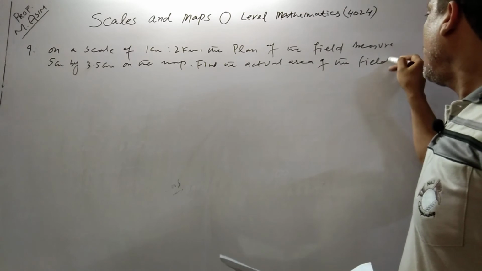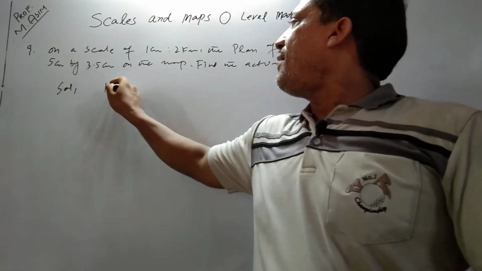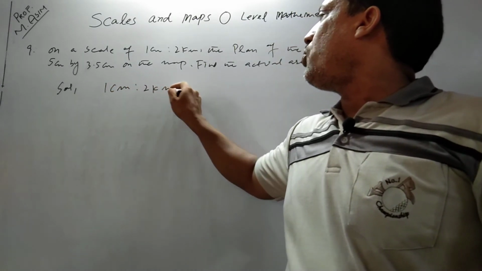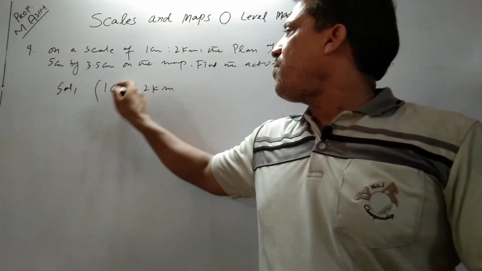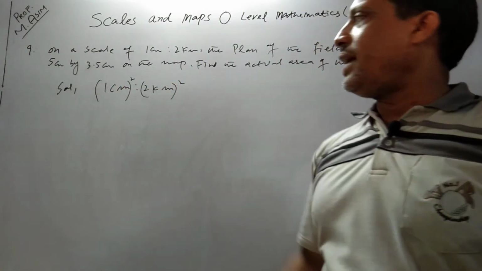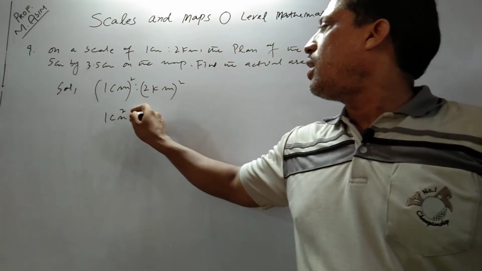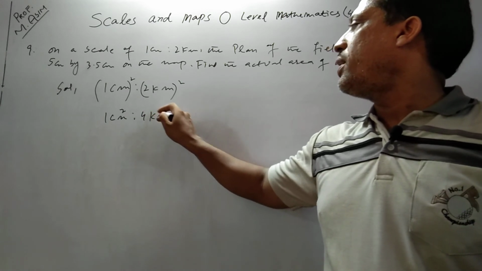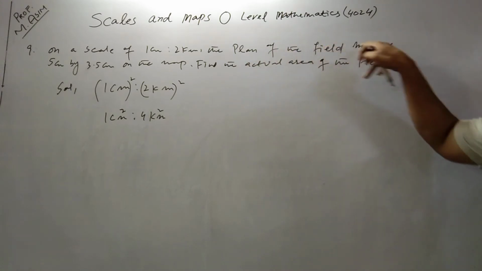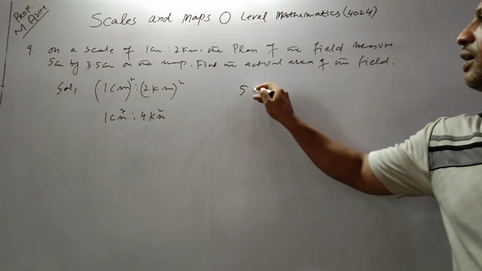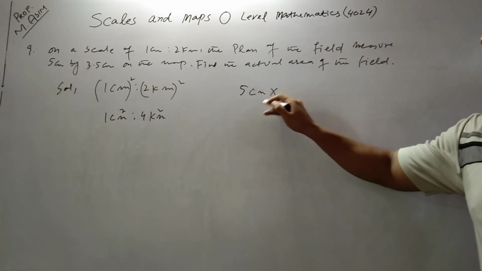So solution: given 1 centimeter to represent 2 kilometer, because the question is related to area, we must convert the linear scale into area scale. 1 centimeter square is 1 centimeter square and 2 kilometer square is 4 kilometer square. Now see carefully, the plan of the field measures 5 centimeter by 3.5 centimeter.